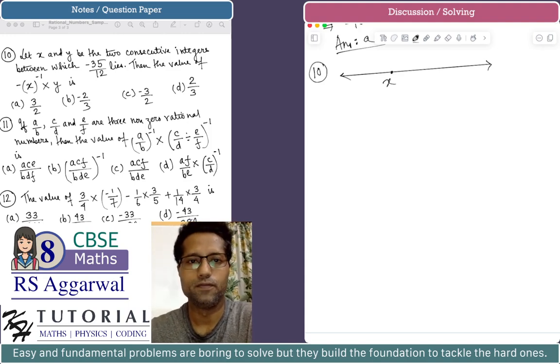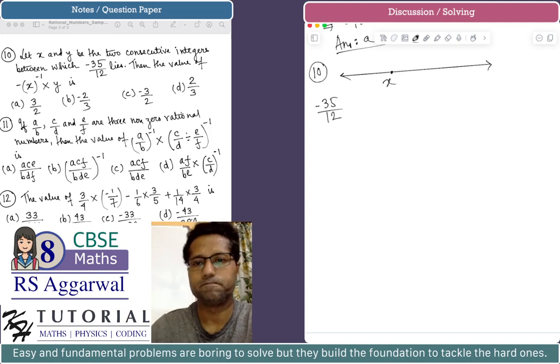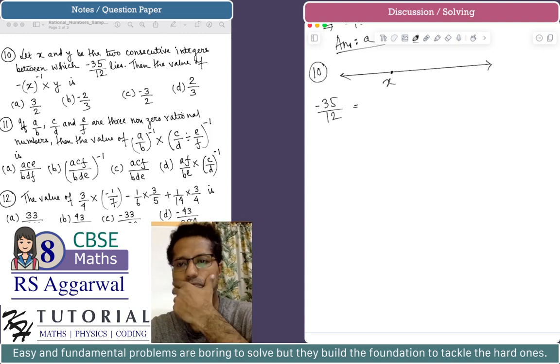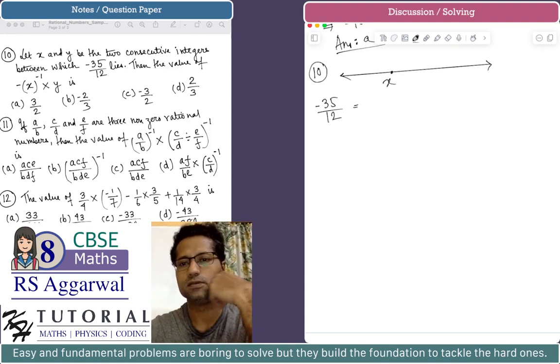Okay, so what is minus 35 by 12? If you convert this into a mixed fraction, this will be minus 2 and 11 by 12.